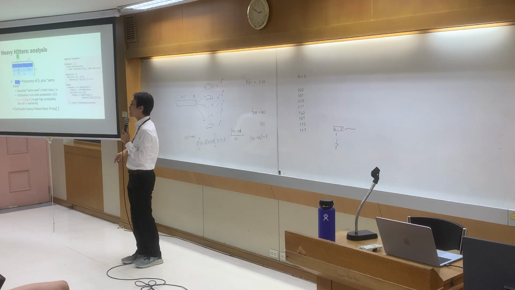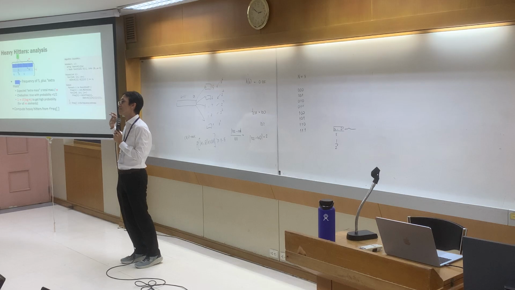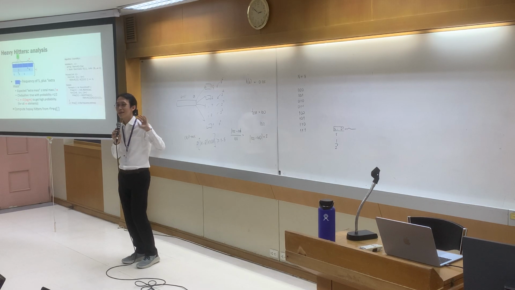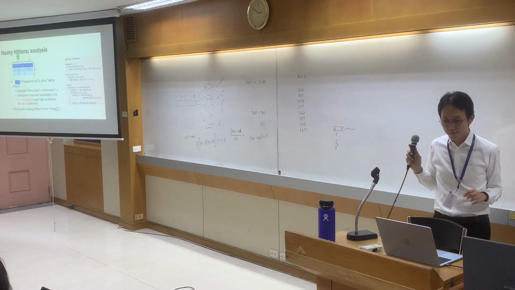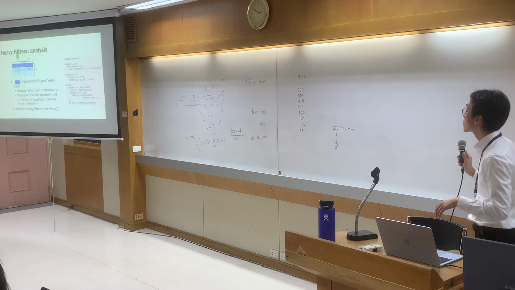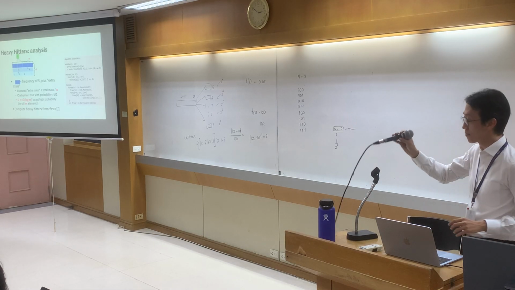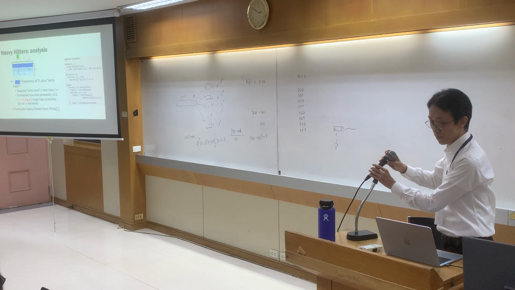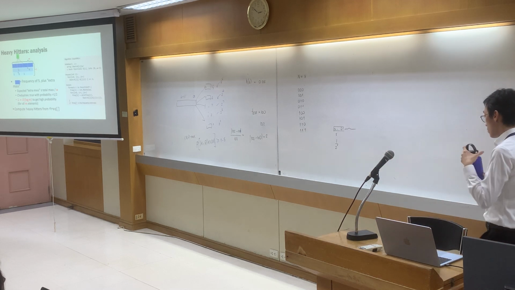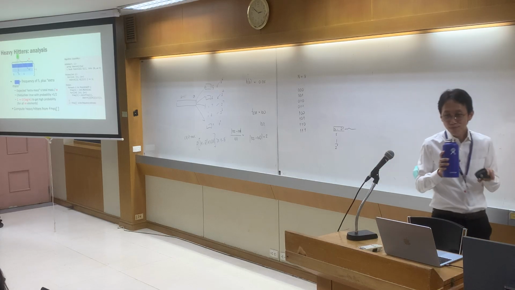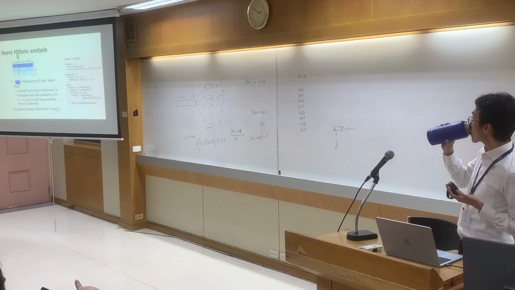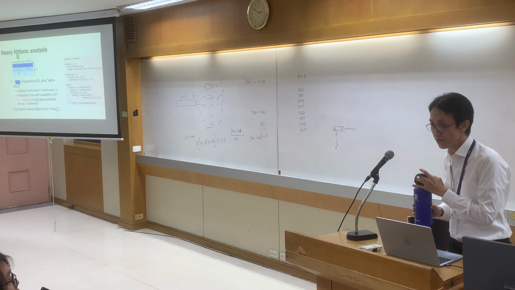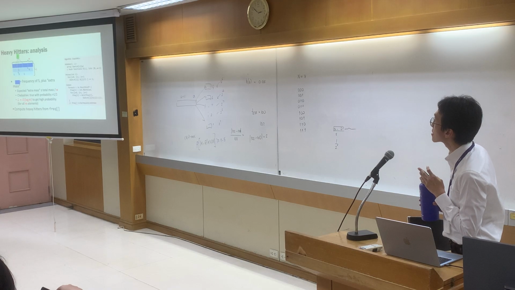And how many rows do we need? Somehow it works out to be W is S. Maybe there's a log factor creeping up, but log, who cares? What is M in this case?